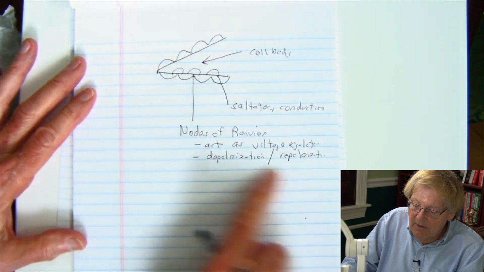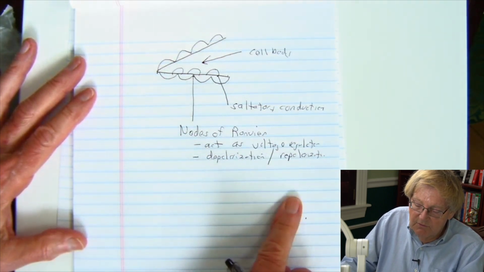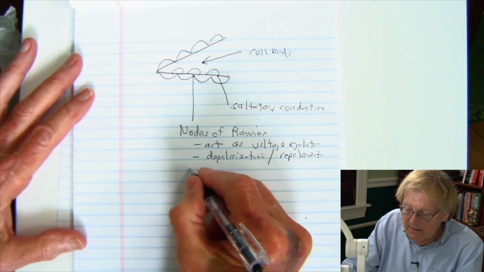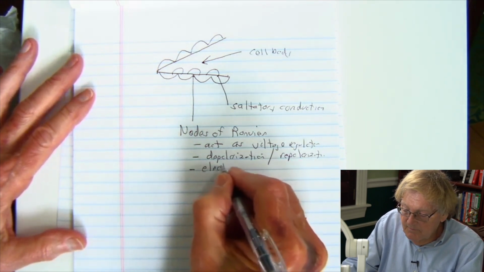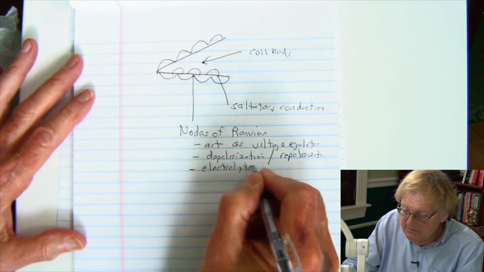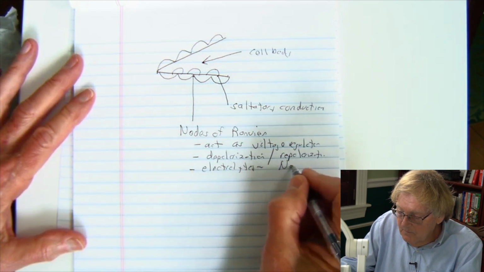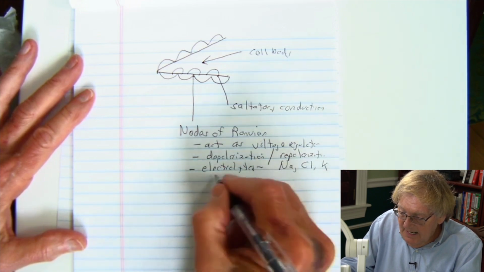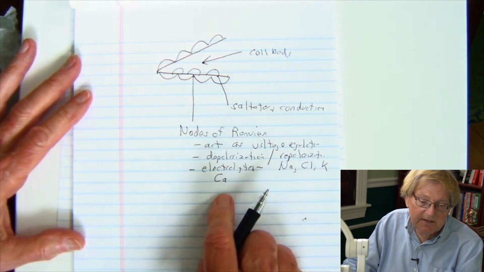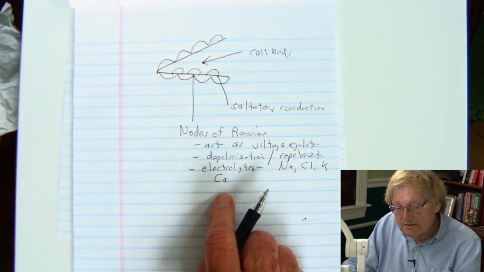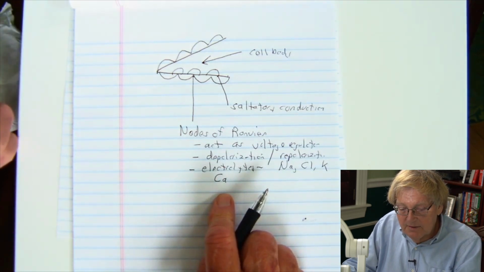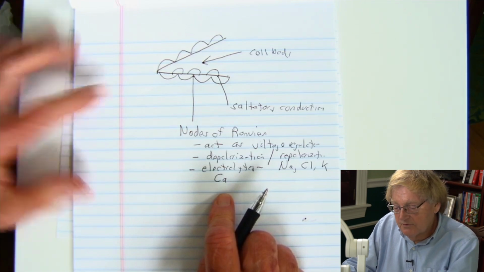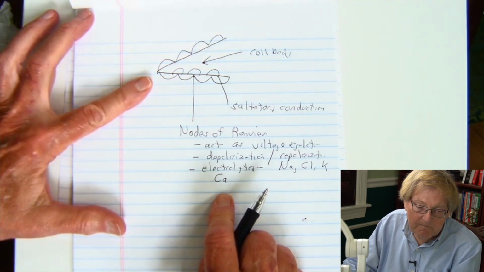So that's why, for these nodes of Ranvier, we always have to consider our electrolytes. That's why electrolytes such as sodium, chloride, potassium, and calcium are so significant, not only in controlling our skeletal muscle, not only in controlling my cardiac muscle or my smooth muscle, but also in controlling my nervous system.